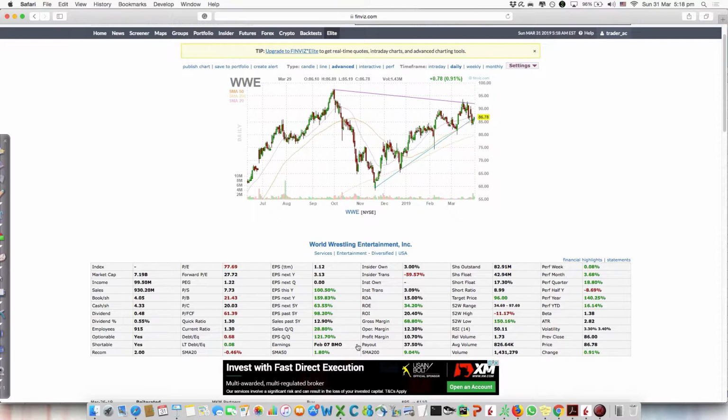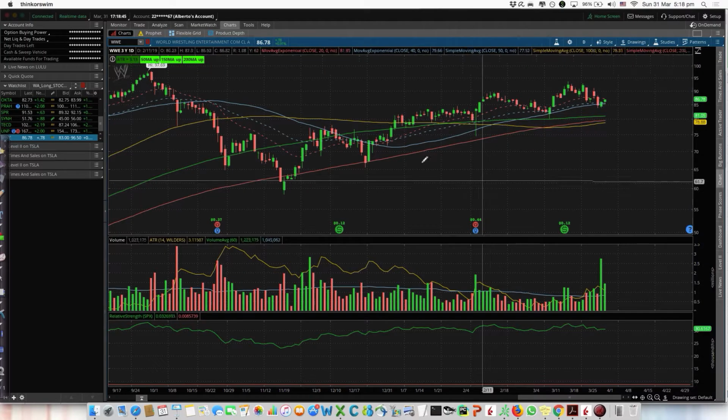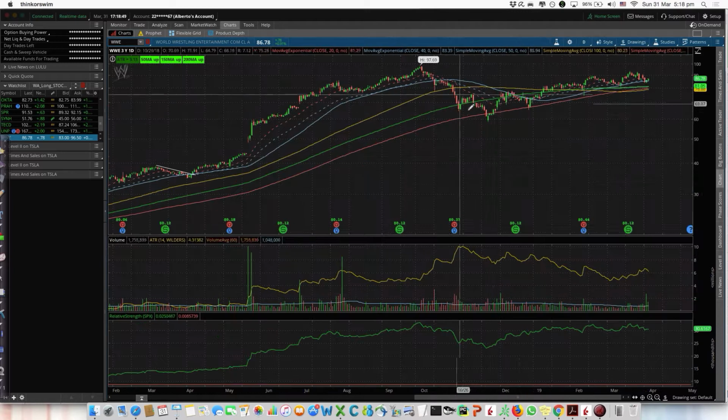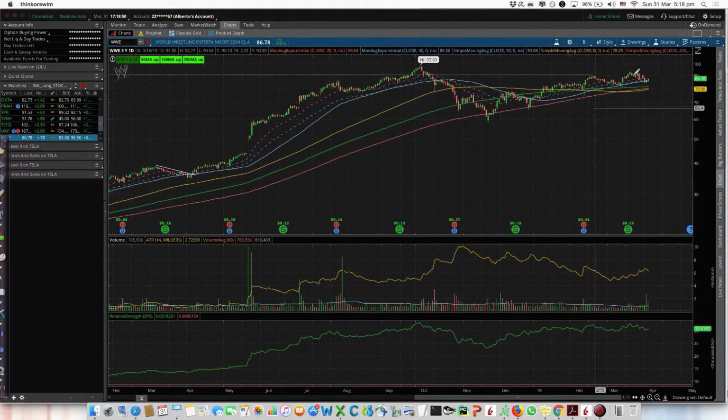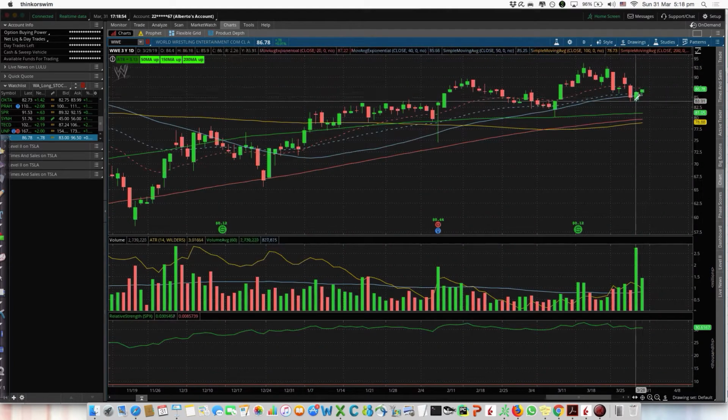So to recap, fundamentals, very good. And technicals, also good. I repeat again, the trend is up. We have this kind of pattern with a dip here. Price making higher highs, higher lows.